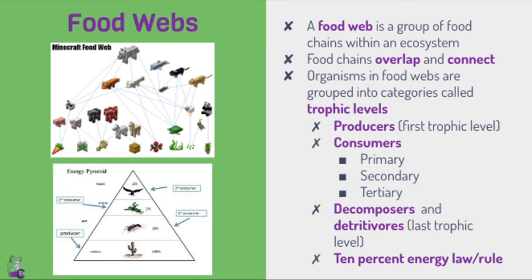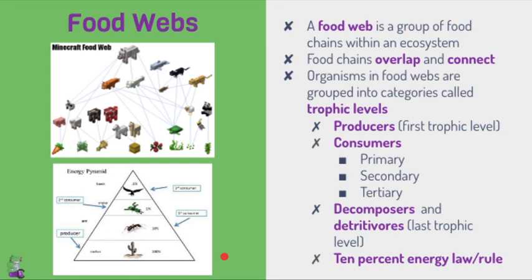We can see this here as the producers are the first trophic level, and only 10% of that energy is passed on. They start off with 100% energy, and as we go into the next trophic level, only 10% of that 100% is transferred, meaning the second trophic level only has 10% energy. This continues with our next trophic level, and then our next one, with each trophic level only receiving 10% of the lower trophic level's energy.